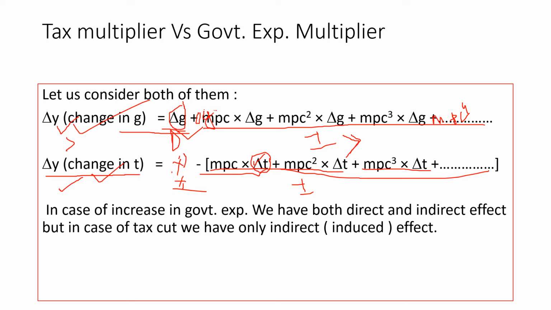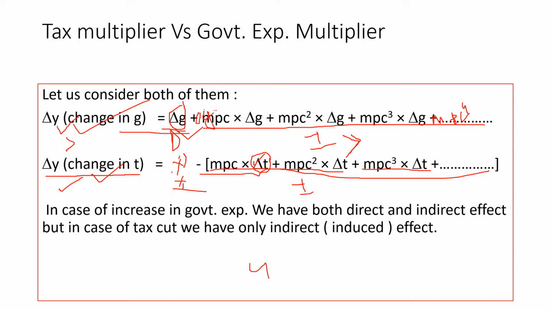But you can say that, okay, if I am interested in increasing the income by 500 rupees, assuming MPC at 0.8, I will try to increase government expenditure by 100. But with a tax cut, to achieve that same target of a 500 rupee increase in income, you can cut the tax by more than 100 rupees, because the multiplier is equal to 4.